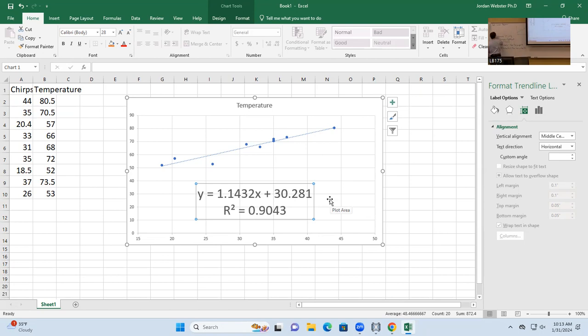So in my chirps per temperature data, I got y equals 1.143x. I'll round that to 2 decimal places. They rounded it to 4. I'll go out to 2. We're writing this on the board.